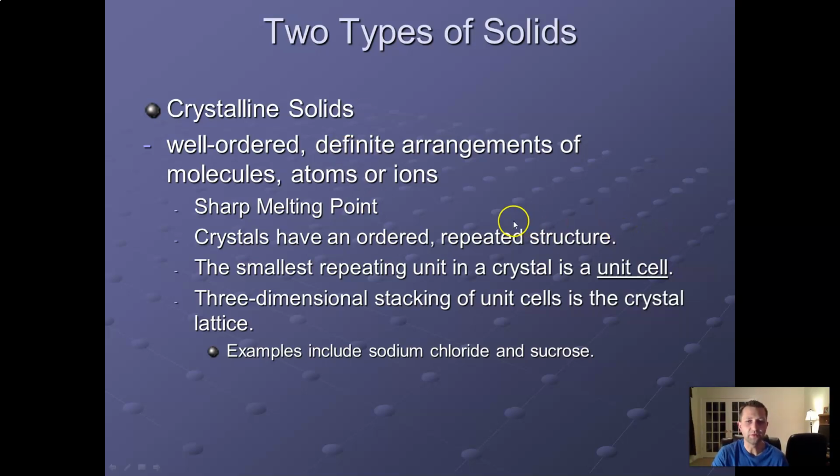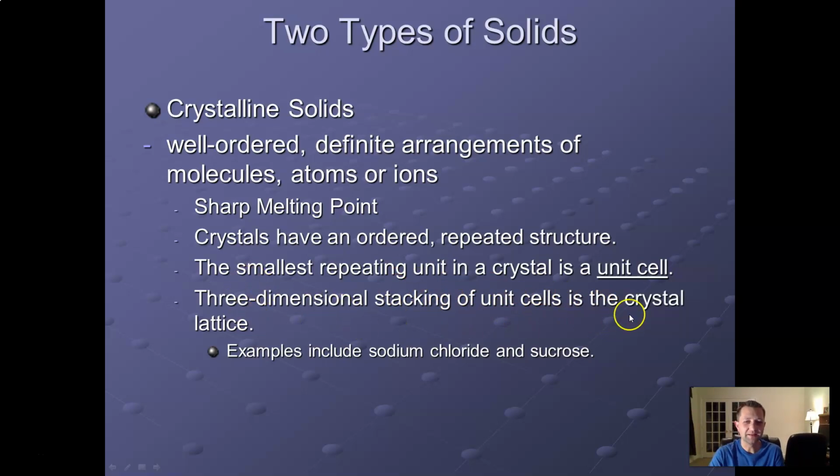The crystals are very ordered and they have a repeated structure. Think of a crystal lattice structure for an ionic compound, where you have that repeating positive ion, negative ion, positive ion, negative ion. The smallest repeating unit is called a unit cell. I have a picture of that coming up. And you get a 3-dimensional stacking of these, so you get some really neat crystal lattice structures.